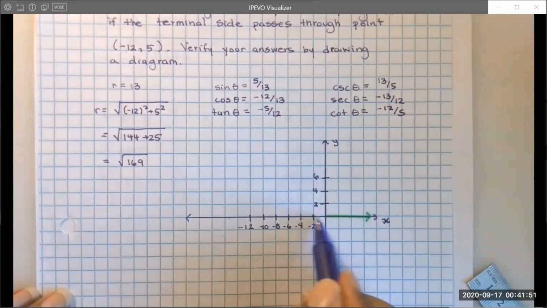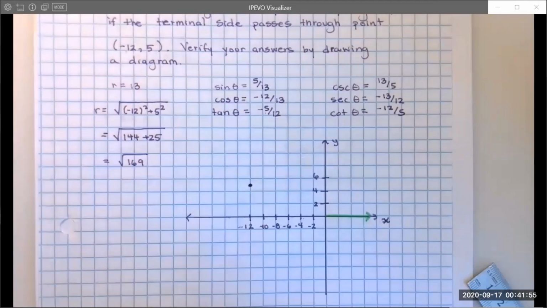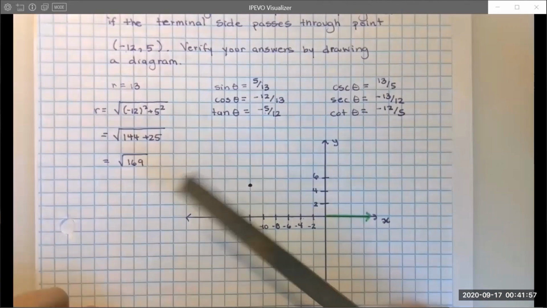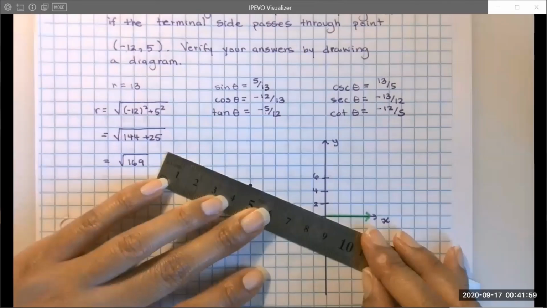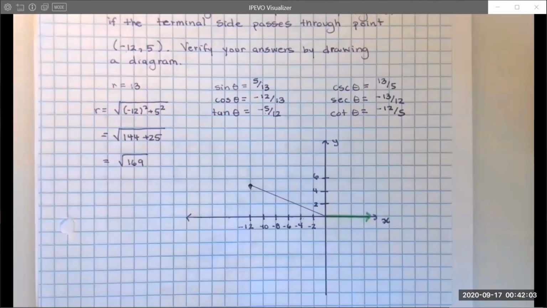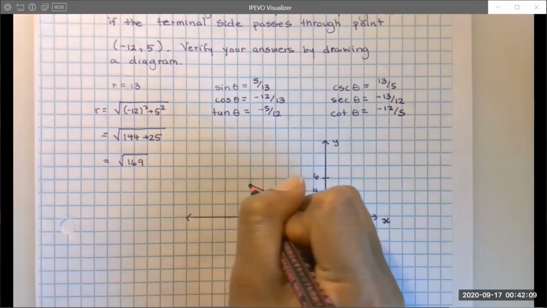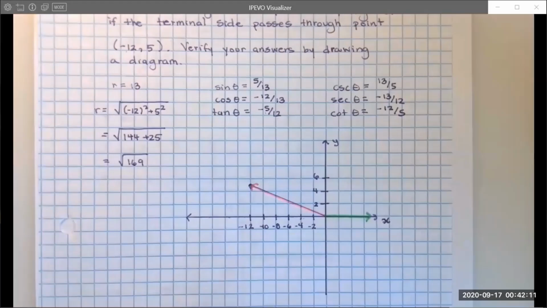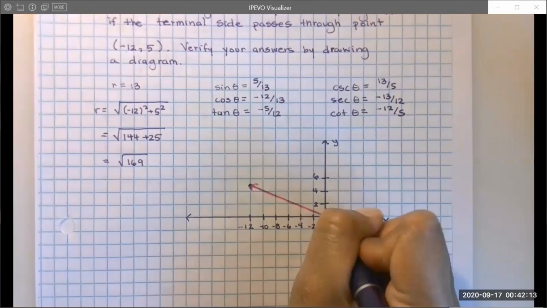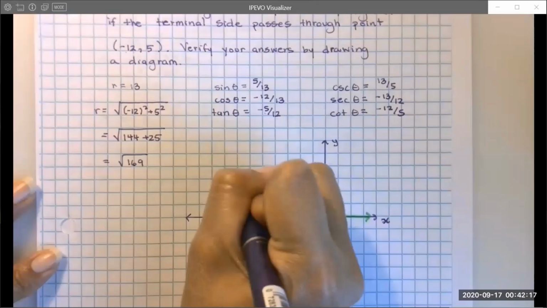So negative 12, and then 5 would be halfway between 4 and 6. And that means that our terminal side has to pass through that point. And that means that this here is our angle theta, and I'll label the point. This is negative 12, 5.